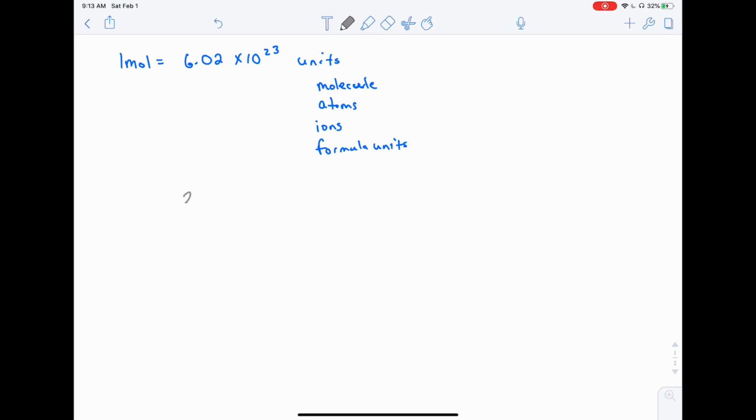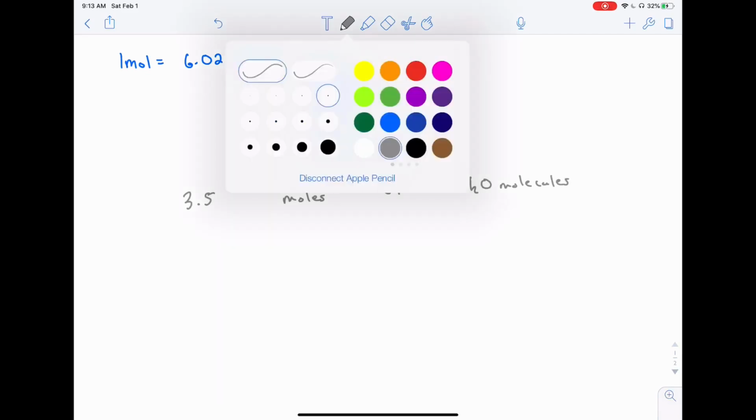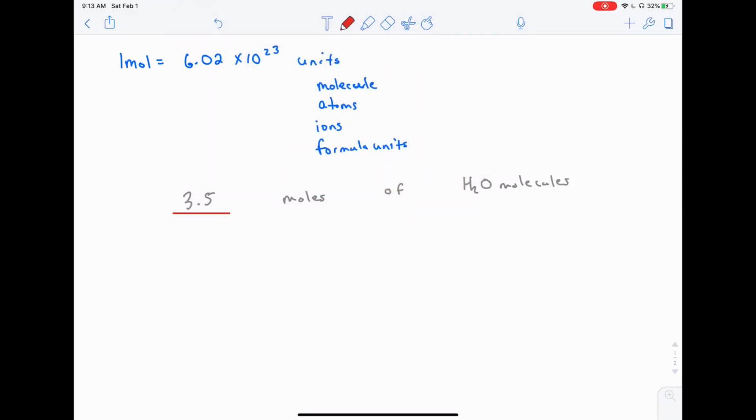And so you have, let's say, 3.5 moles of H2O molecules. And this number has really three aspects. It has the value. It has, maybe if present, a descriptor, and then it has the actual unit.